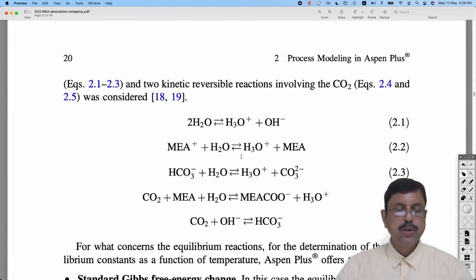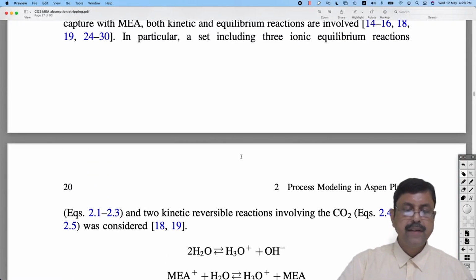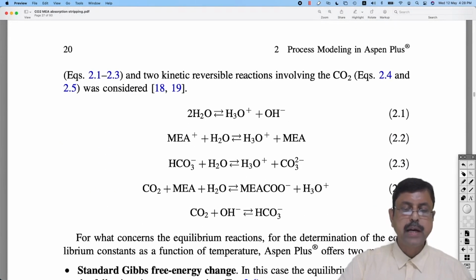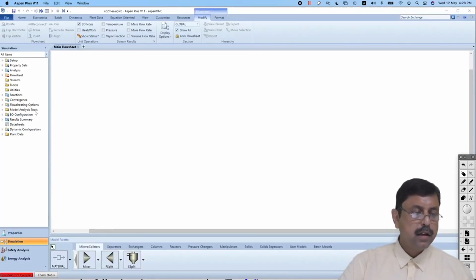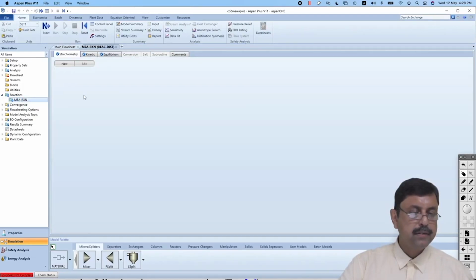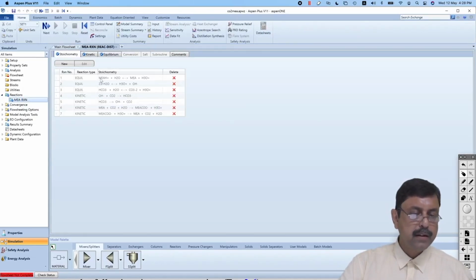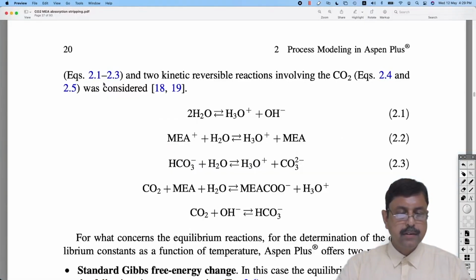In the simulation window, we have to add in 3 ionic equilibrium reactions and 2 kinetic reversible reactions. So for that, I have already done that. MEA reactions, you will find these 3 ionic equilibrium reactions and 2 kinetic reactions which are reversible in nature.